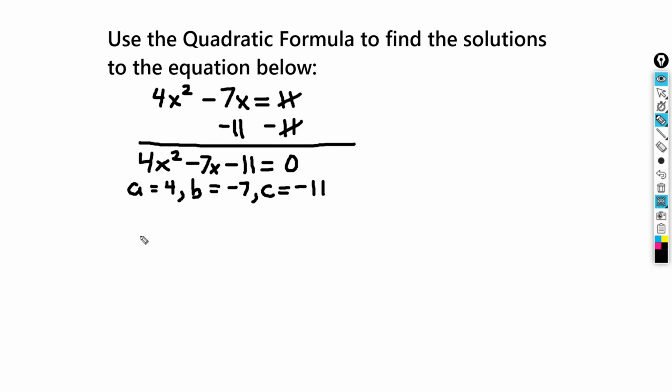So now we can start plugging into the quadratic formula. So x equals negative b. So whatever the sign of b is, we're going to change it. So it's going to be 7 plus or minus the square root of b squared, so negative 7 squared, minus 4 times 4 times negative 11.